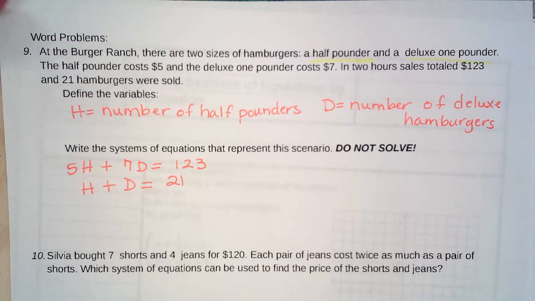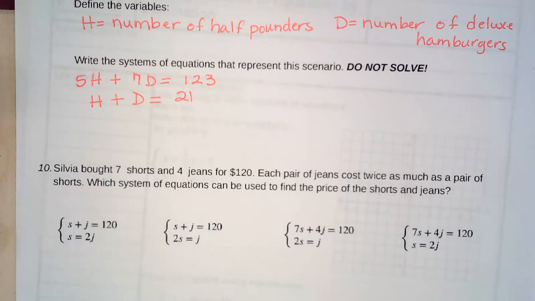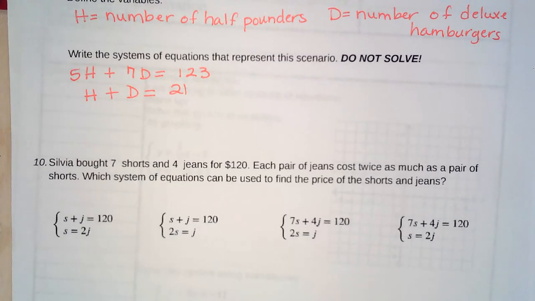And finally, for our last, Sylvia bought 7 shorts and 4 jeans for $120. Each pair of jeans cost twice as much as a pair of shorts. Which system of equations can be used to find the price of the shorts and the jeans?